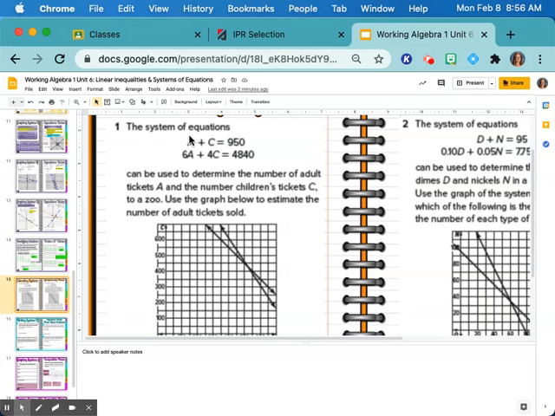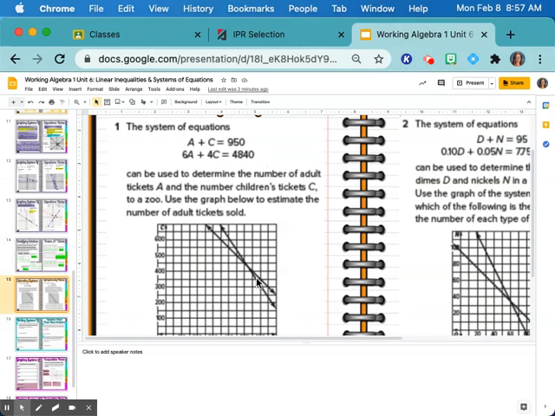The number of adult tickets plus the number of children tickets equals 950. Then 6A plus 4C equals 4,840. What do you think that represents? The cost, yeah. So it's $6 per adult ticket plus $4 per children's ticket equals 4,840.